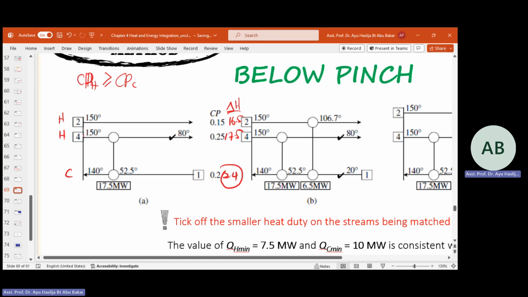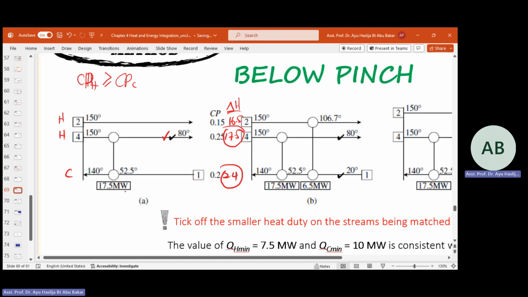Why does stream 4 transfer 17.5? Because that is the only amount it has. So it gives away everything to stream 1. So we tick off stream 4. Stream 4 is fully used.